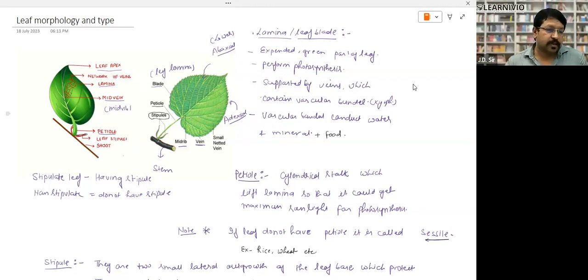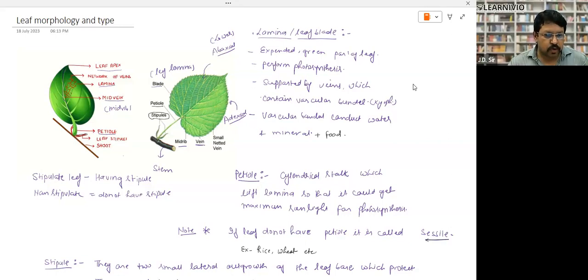So look, in the morphology of leaf, this is the leaf and this is the leaf apex. These are the network of veins. This is called leaf lamina or leaf blade. Both are the same thing, right? And this main part which connects with the petiole is called midrib. This is petiole, and on both sides of the petiole there are leaf stipules. And this is a shoot.